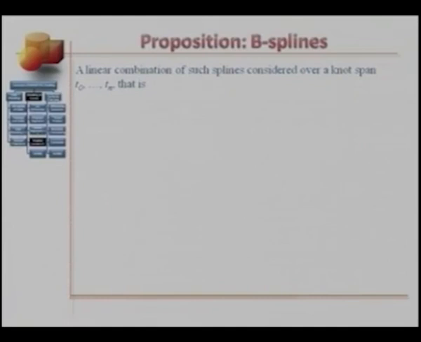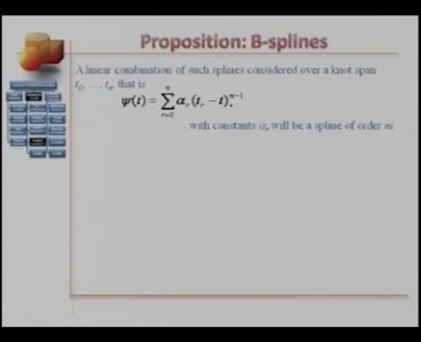A linear combination of the splines that we had seen before, considered over a knot span t0, t1, t2 up to tn, that is, some function psi of t, which is equal to summation r going from 0 to n of alpha r times (tr minus t) truncated raised to m minus 1. Here alpha r are constants, and the observation is that psi t will be a spline of order m.